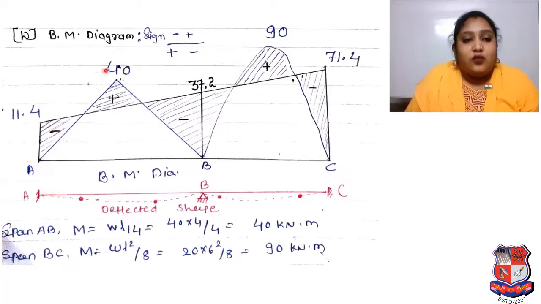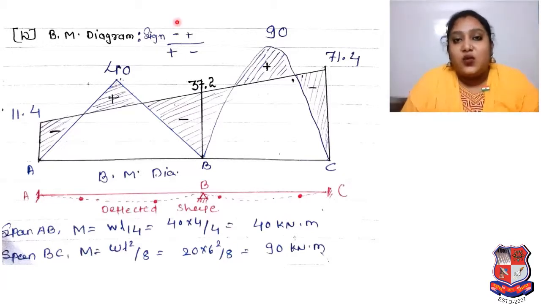Now for portion AB, the moment will be WL by 4, so W was 40 and L was 4, so 40 into 4 divided by 4 is 40 kilonewton meter. For portion BC, the moment will be WL squared by 8, because that was a UDL. So W is 20 and L is 6, 20 into 6 squared divided by 8, so it is 90.